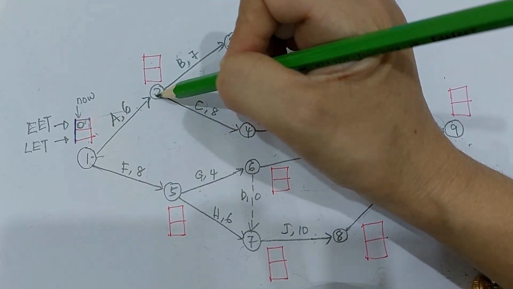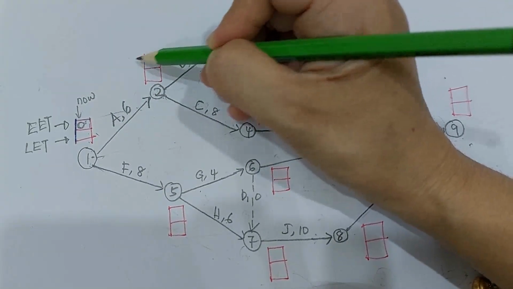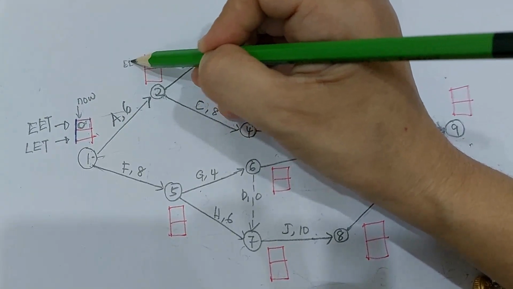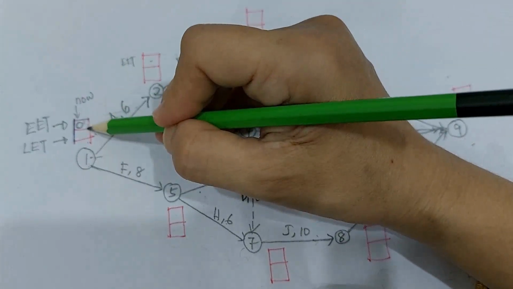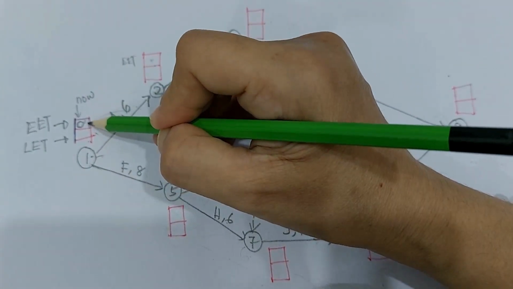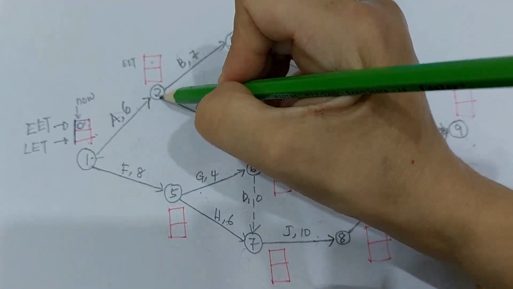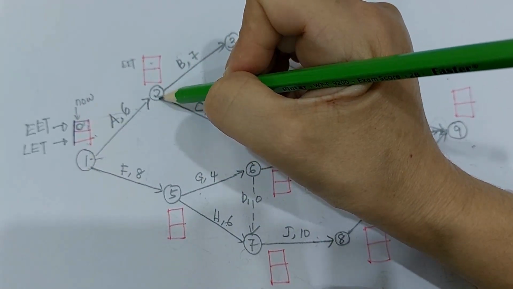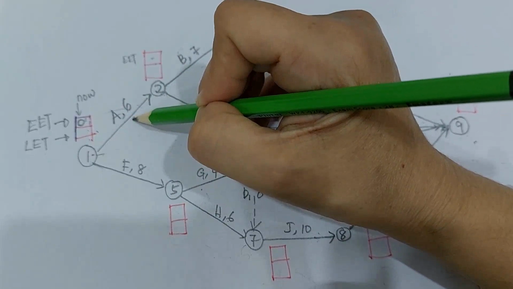From event number 1, we move to event number 2. Always follow the sequence, by event number. So how to calculate the earliest event time EET for event number 2 is by taking the previous EET, add with the duration for the activity. So you see what is the activity heading to or pointing at event number 2. So you take the previous EET, add with the duration for this activity.